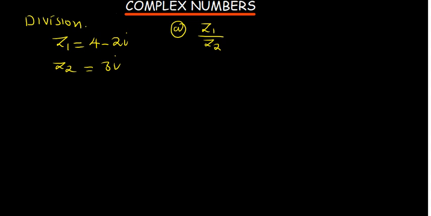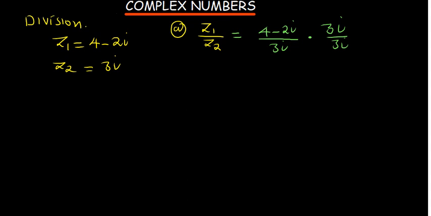So z1 divided by z2, z1 is 4 minus 2i, and then z2 is 3i. In a case where the denominator is just one term, like it just has the imaginary part and doesn't have the real part, just get that same term which is in the denominator and multiply on top and down. Just like on surds, we are not changing the sign if it was just alone down.